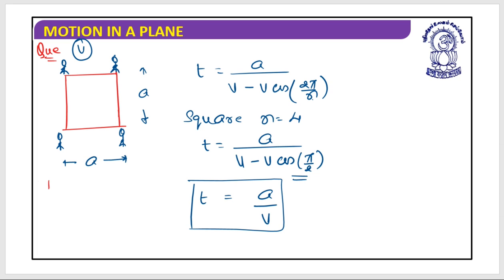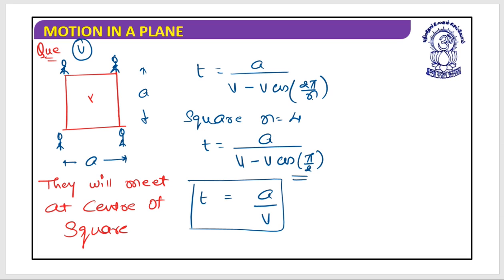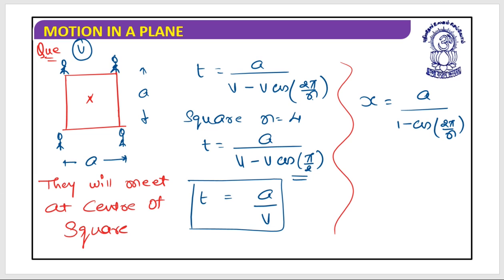Where will they meet? They will meet at the center of the square, and this is true for every polygon, so they are going to meet somewhere here. And one more thing, what is the distance traveled before they meet? Then x is equal to a upon 1 minus cos 2 pi by n, with 2 pi by 4 being pi by 2, which is 90 degrees, so this is equal to a.